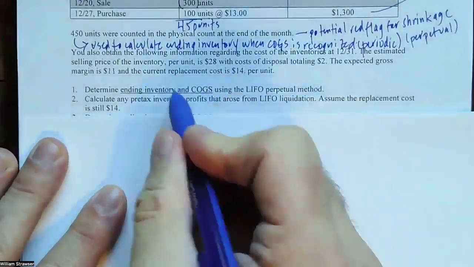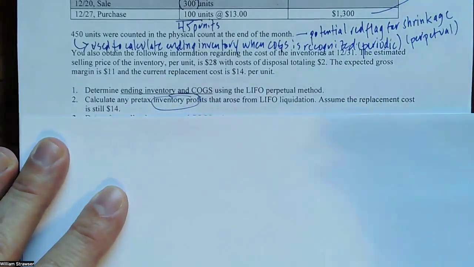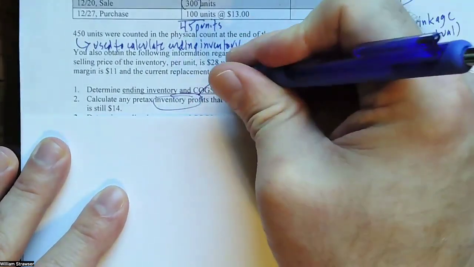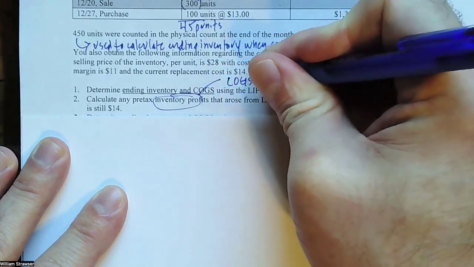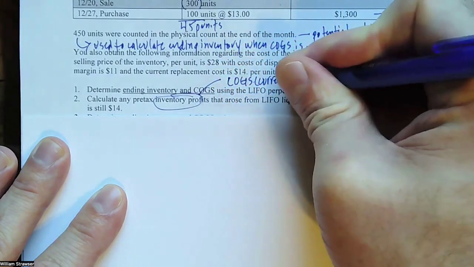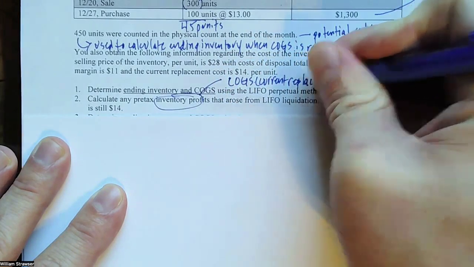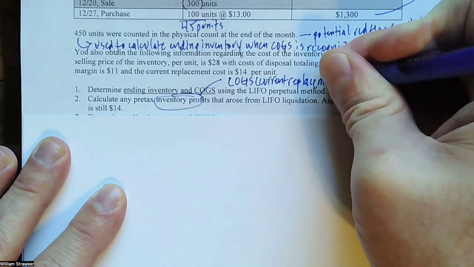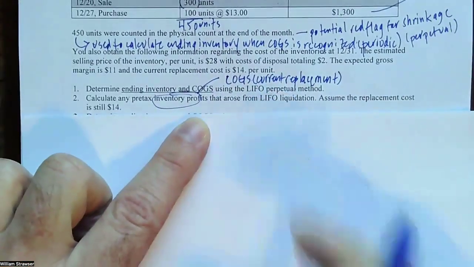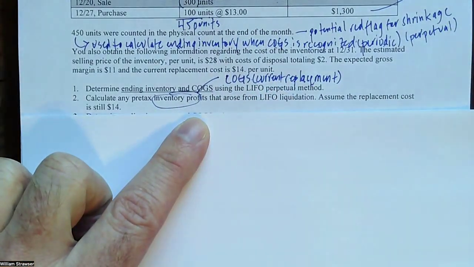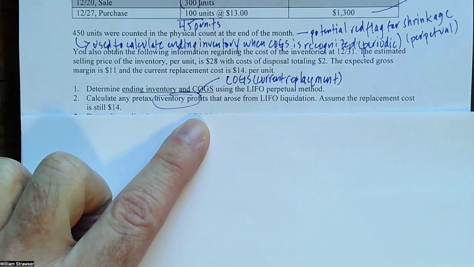Remember, inventory profits are the difference between using cost of goods sold and our current replacement cost. That's one way of valuing inventory. What I would have to pay to replace the inventory I sold today, right?